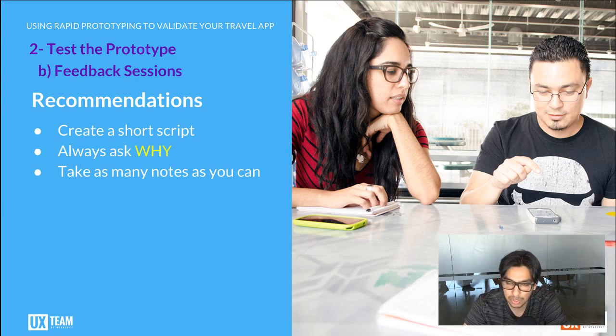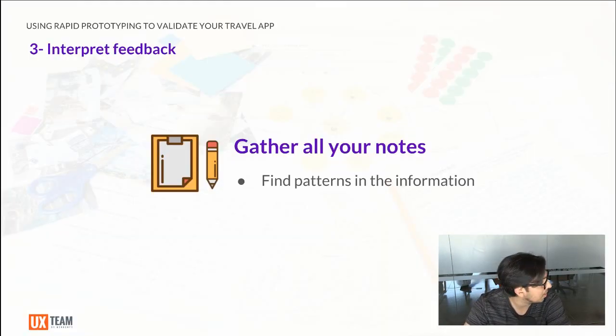Why? Because we need to know the reasoning behind the answers that they are giving us, and taking as many notes as you can. This point is connected with the third step, because we are going to gather all the notes that we took, and we're going to find patterns.